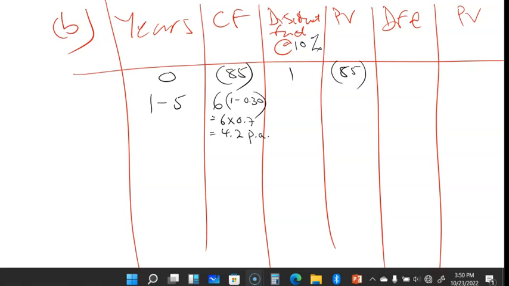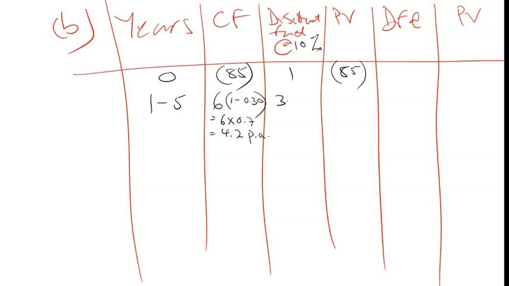The discount factor for the 5 years, year 1 to year 5, should be the same, that is 3.791 at 10%.